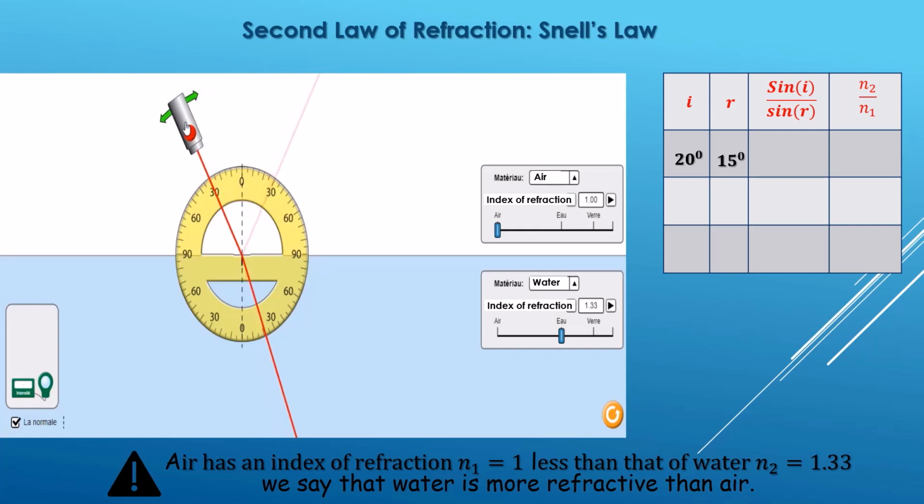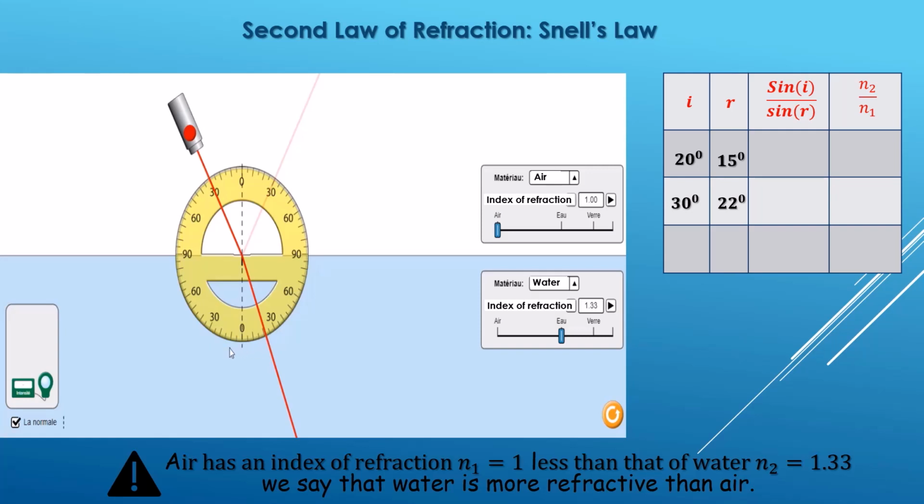Here the angle of incidence in this case is equal to 30, again the angle between the incident ray and the normal line. Then we will go down to check the value of the angle of refraction. The angle of refraction in this case between the normal and the refracted ray, as you can see, has a value equal to 22 degrees.